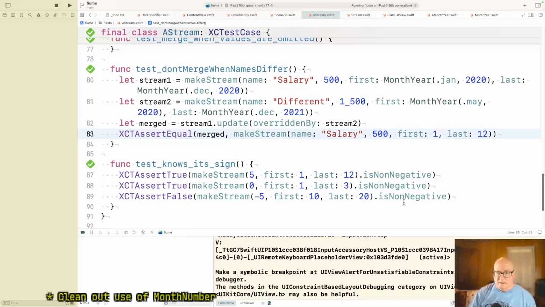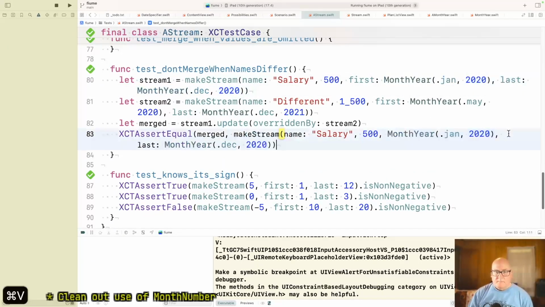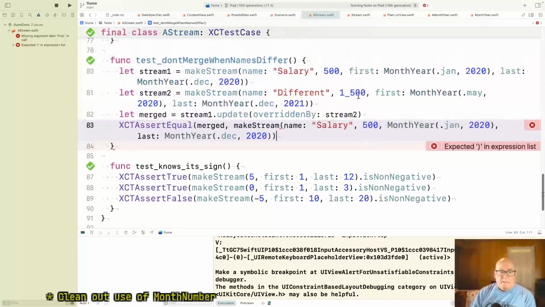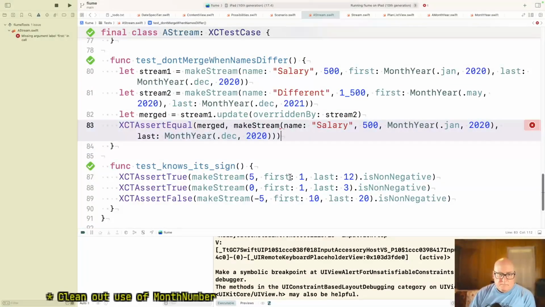Oh, yeah, salary is unchanged by different being changed. Okay. So that's really this. Make stream 5.